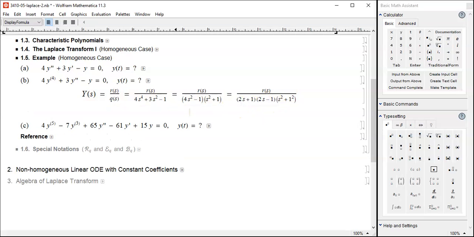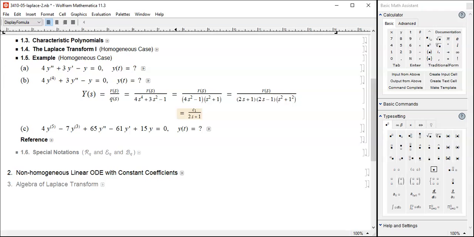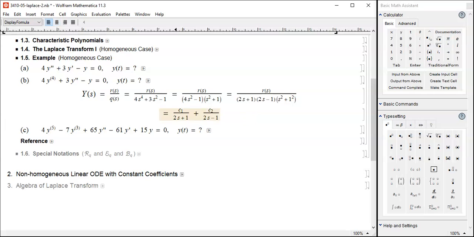And then this can be decomposed like this. Some constant over the first factor, 2s plus 1, and another constant over 2s minus 1. And then we need a quadratic irreducible here, so we need C3 s plus C4 over s squared plus 1 squared.